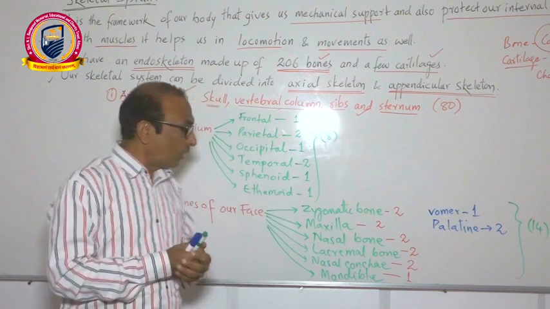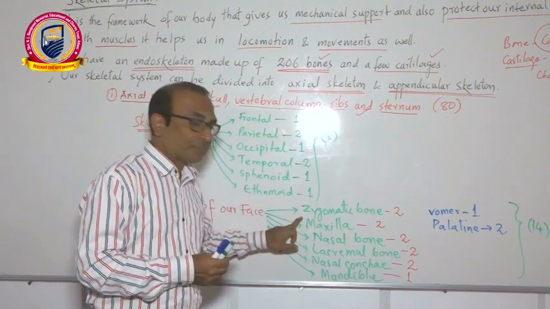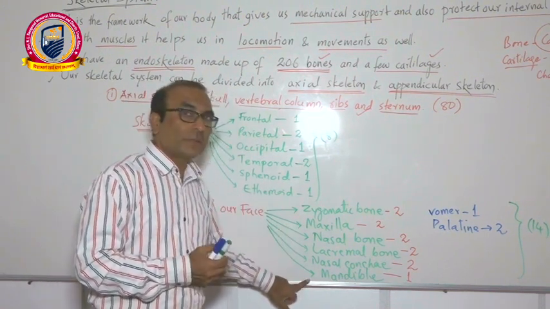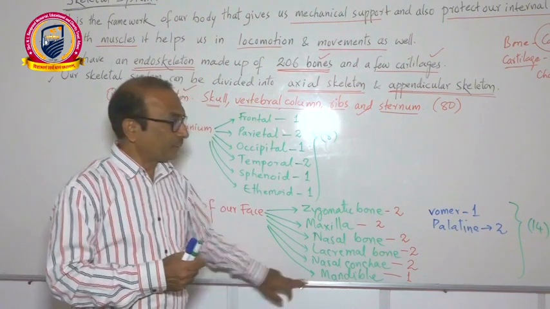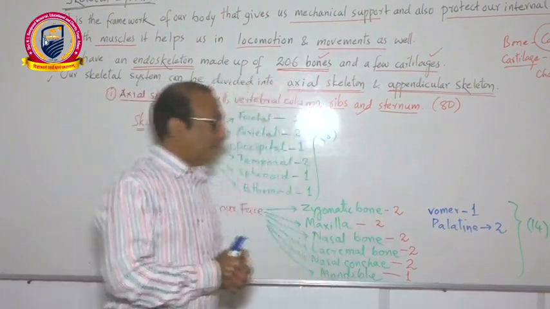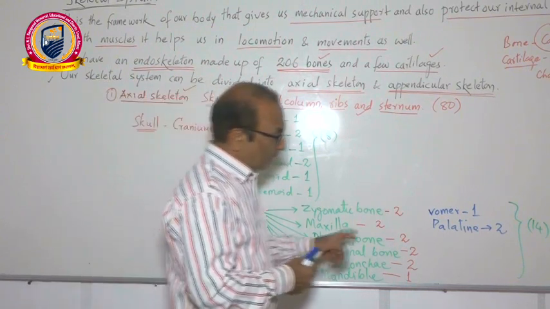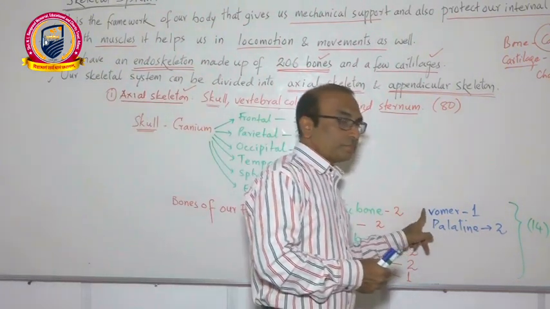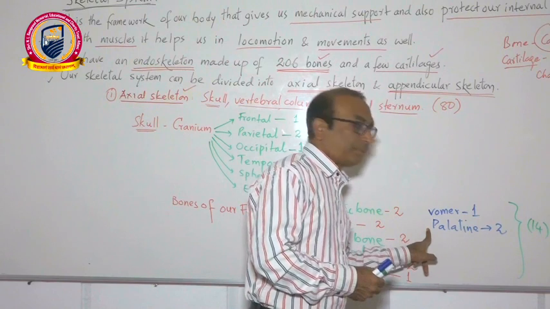So our upper jaw is made up of maxillae and the lower jaw is made up of the mandible. Okay, 2 more bones are there in our face, one is vomer and another is palatine.